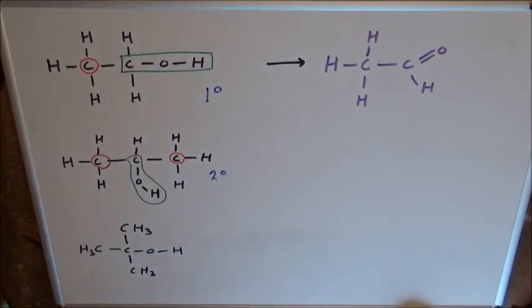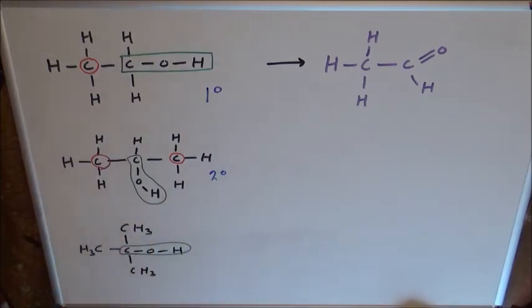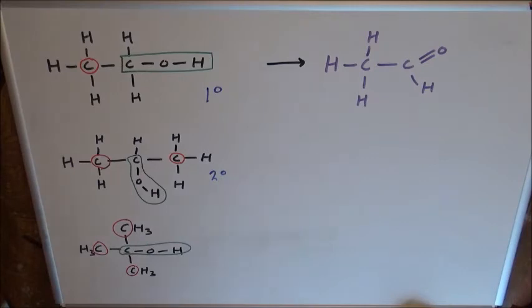And then if we look at this one, here is the alcohol group with its carbon, and we have 1, 2, 3 carbons covalently bonded to the carbon of the alcohol group, so that makes that one a tertiary alcohol.